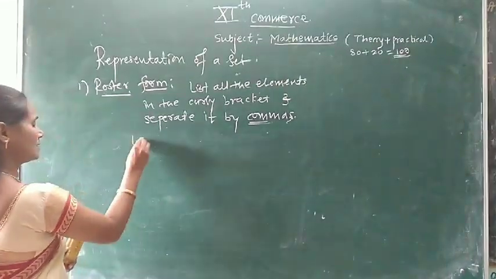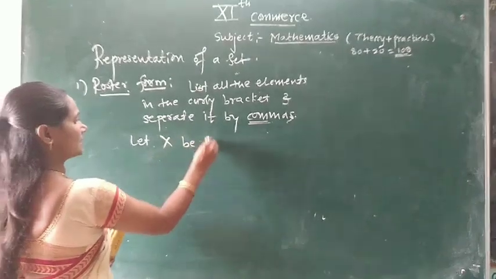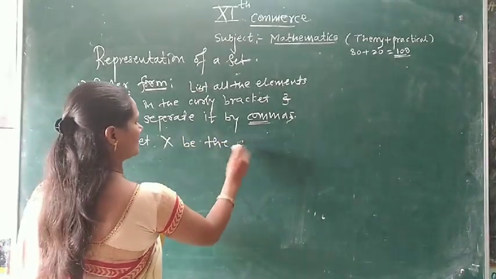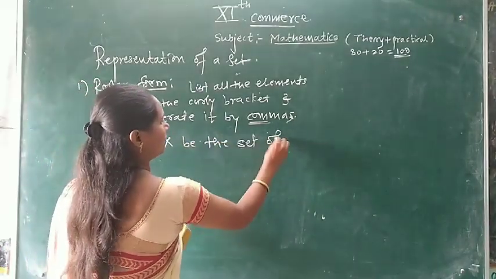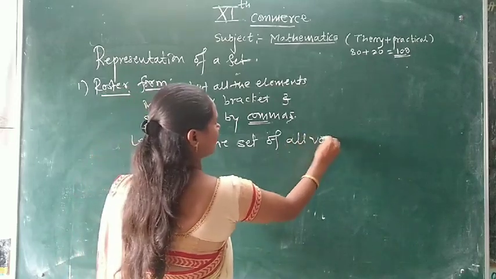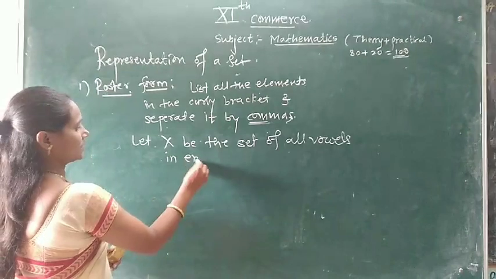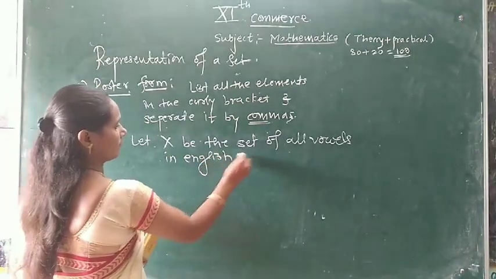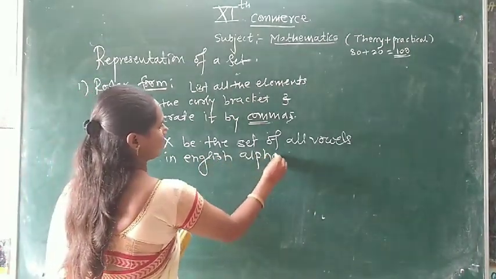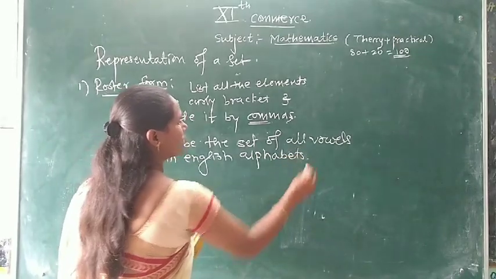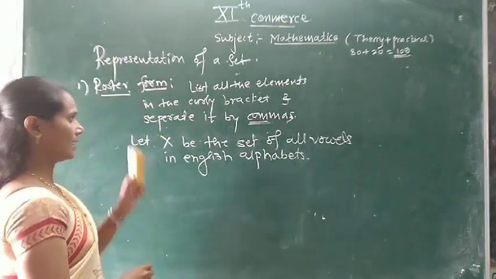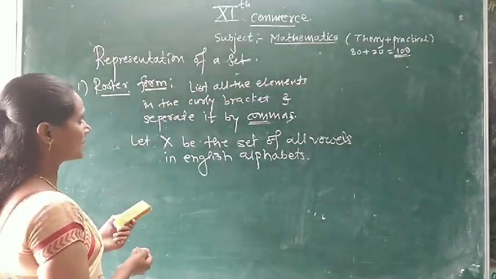Let X be the set of all vowels in the English alphabet. We have to write this set in roster form. What is the roster method?